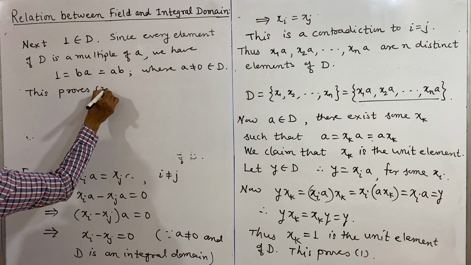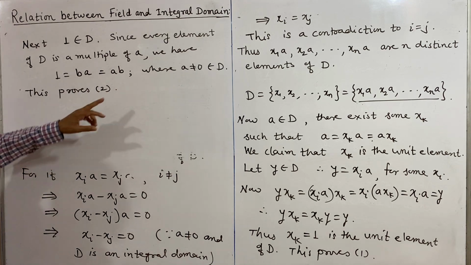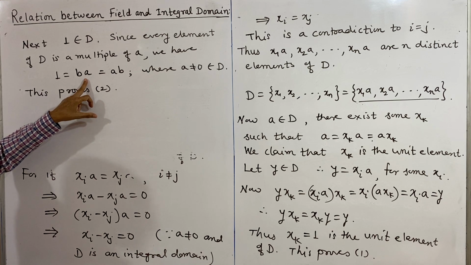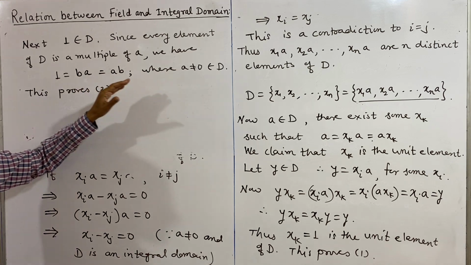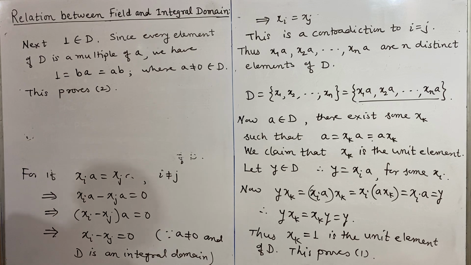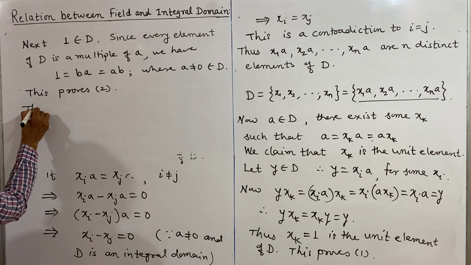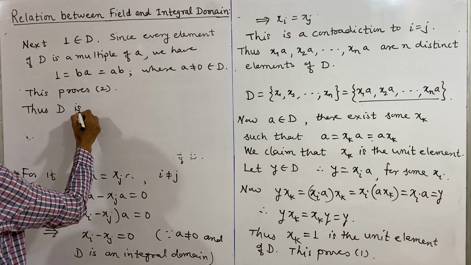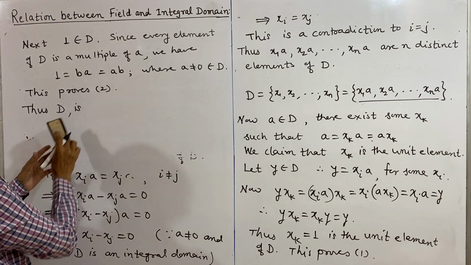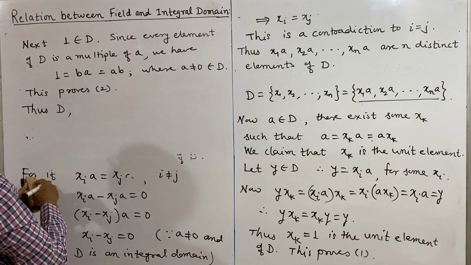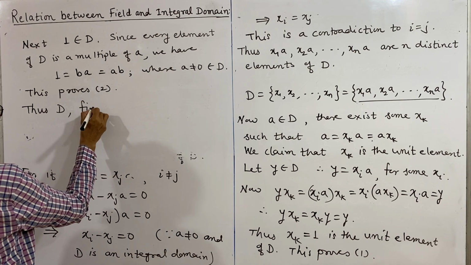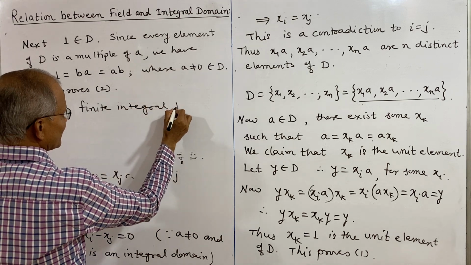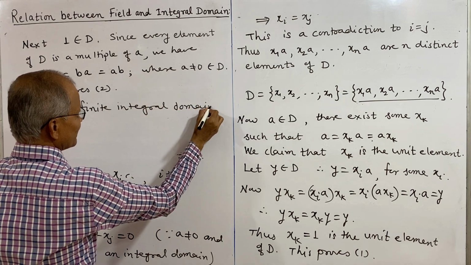This proves that for A there is a multiplicative inverse B. A and B are inverses of each other, and that means every non-zero element has a multiplicative inverse, and thus D, which is a finite integral domain, is a field.